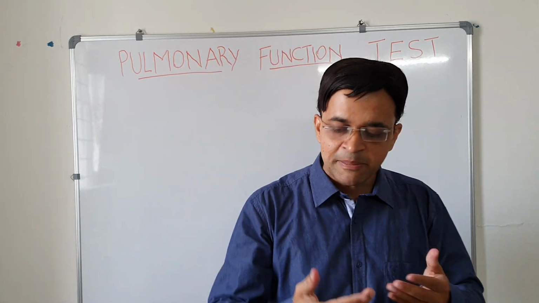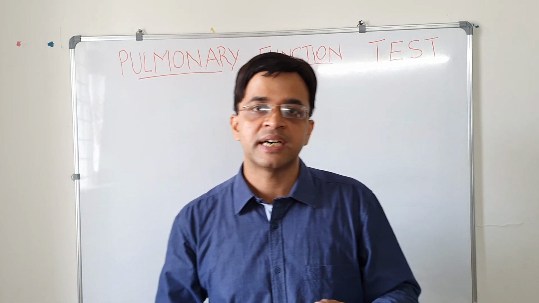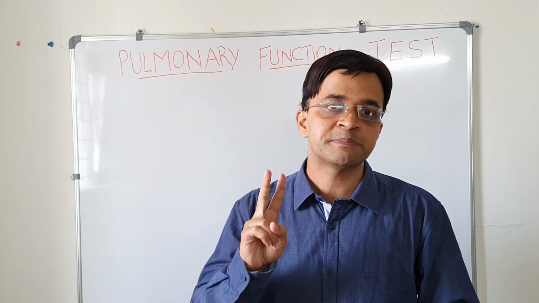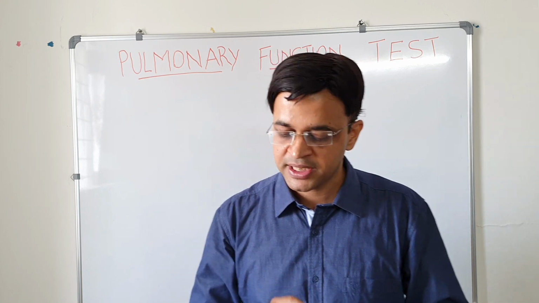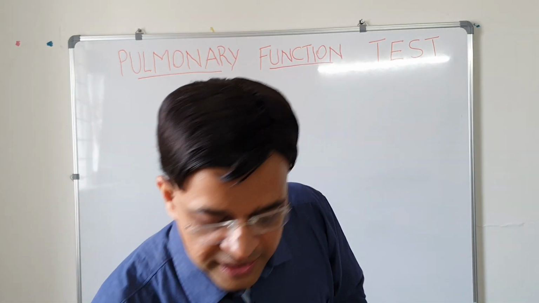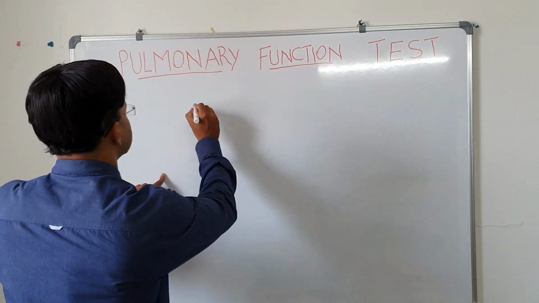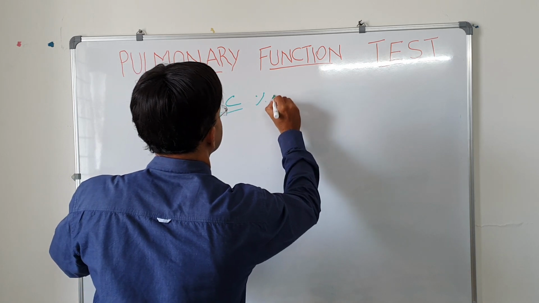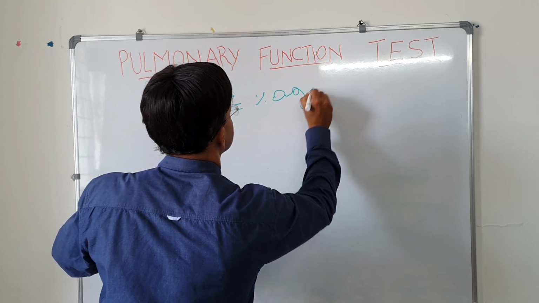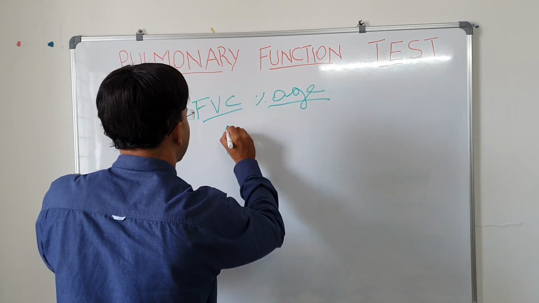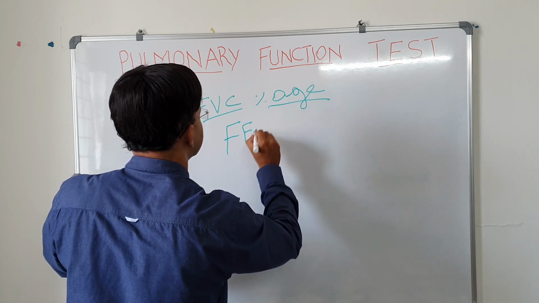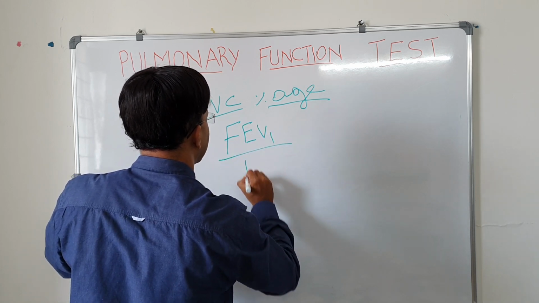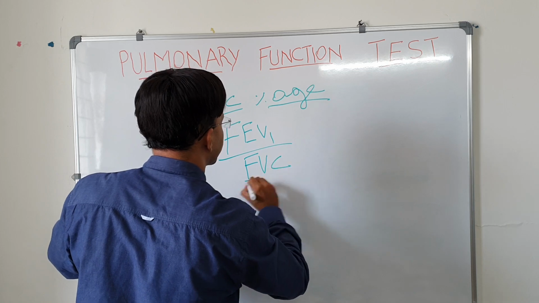While reading any pulmonary function test report, there are two things which we must pay attention to. These two things are FVC percentage and FEV1 by FVC ratio.